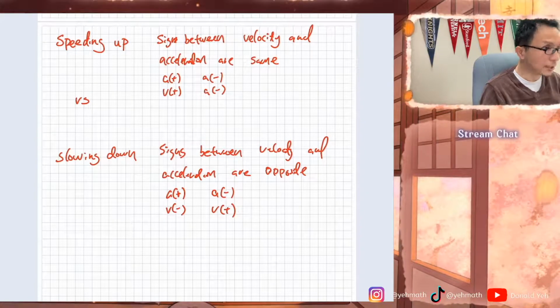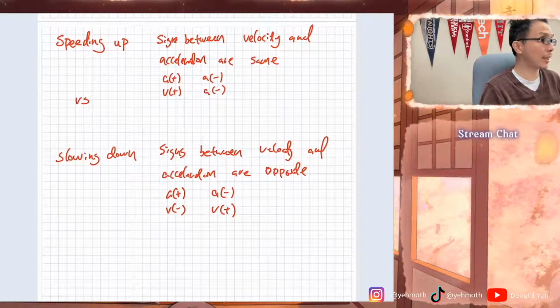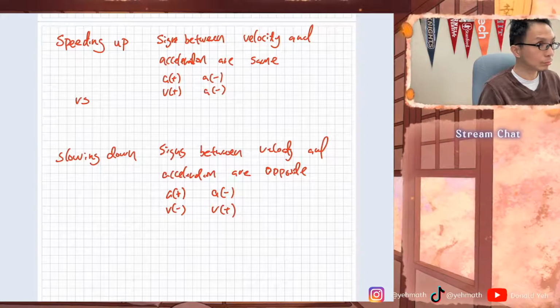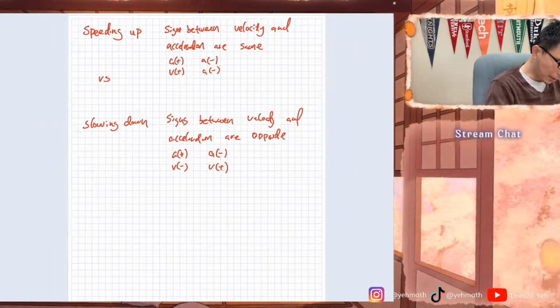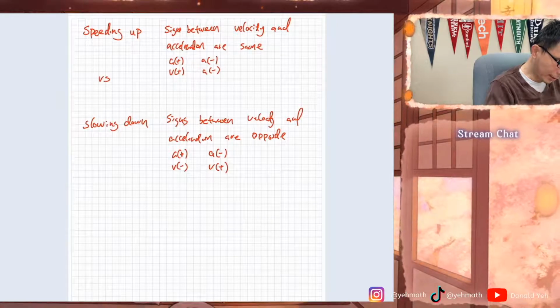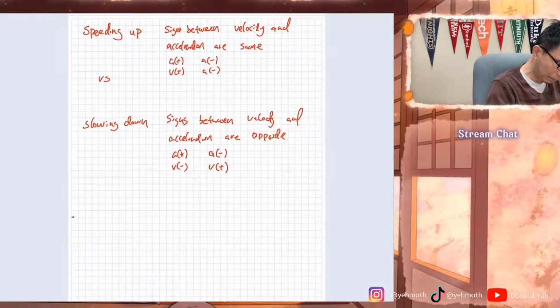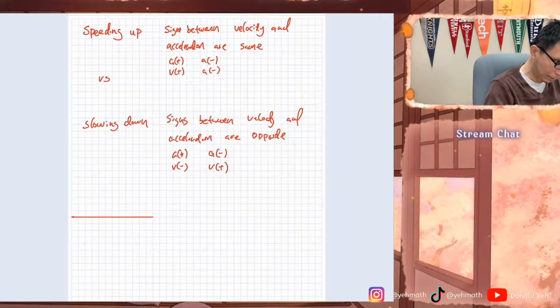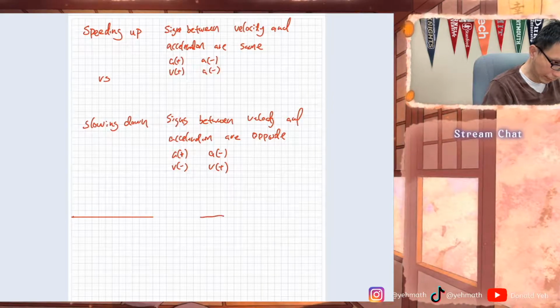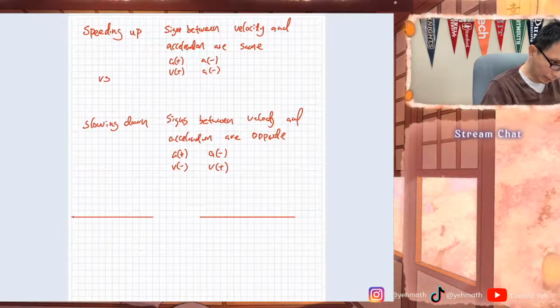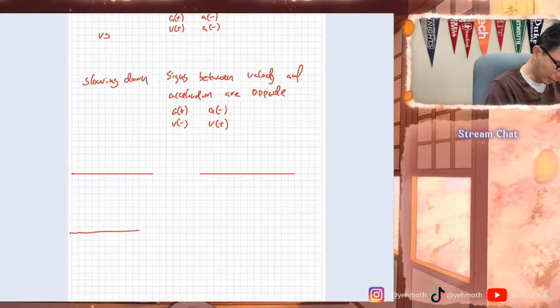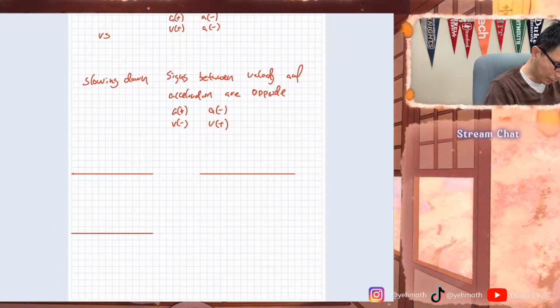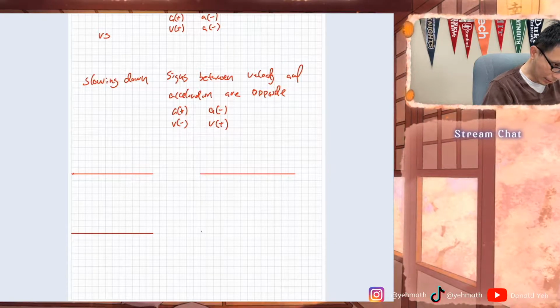Now we're going to give you a situation with a stop sign. Okay, so we're going to create a picture where this is some type of road, and this is some type of road, and some type of road.